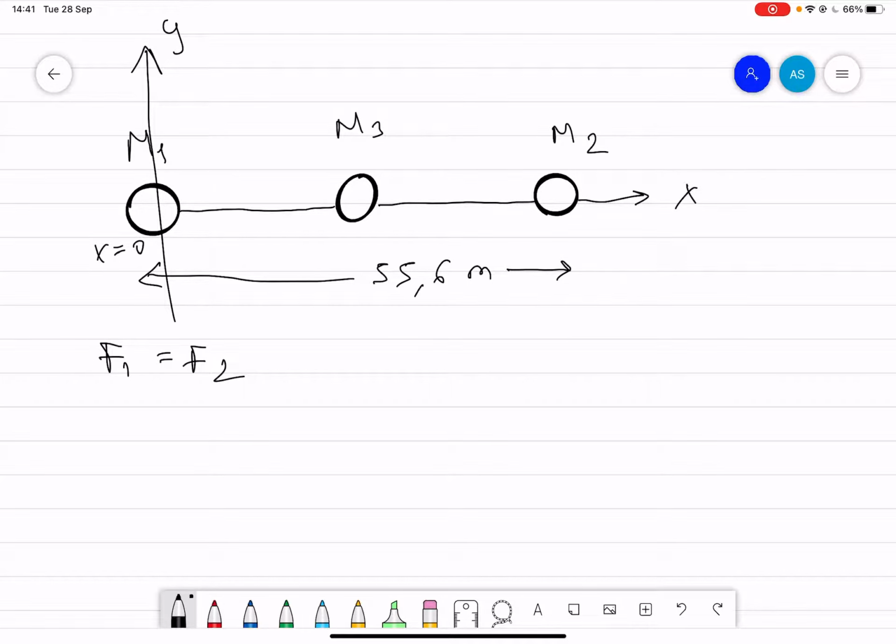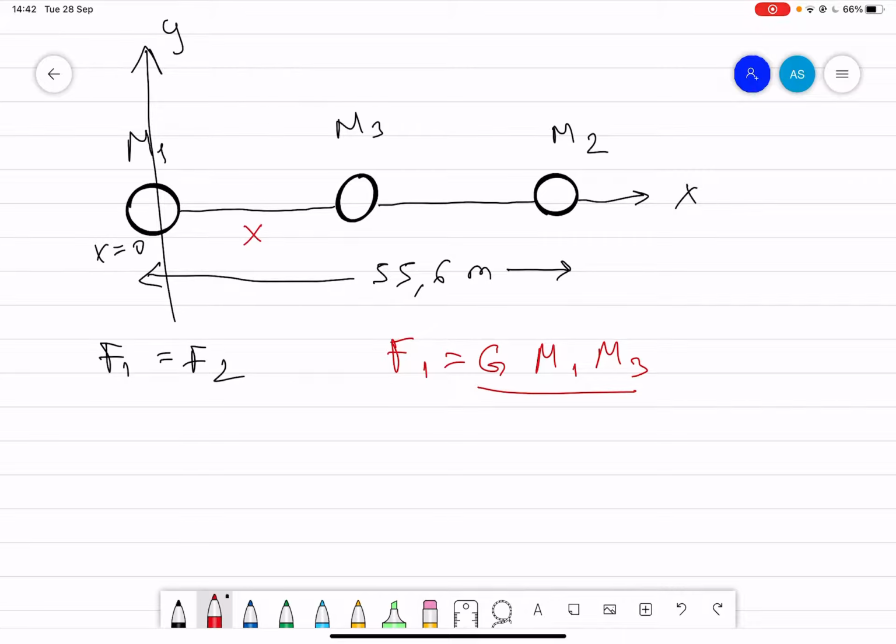Now, what is F1? F1 is the force between m1 and m3, G m1 m3 divided by the distance between them squared. So now we don't know the distance, so we have to find that distance x. Let's call this distance x.